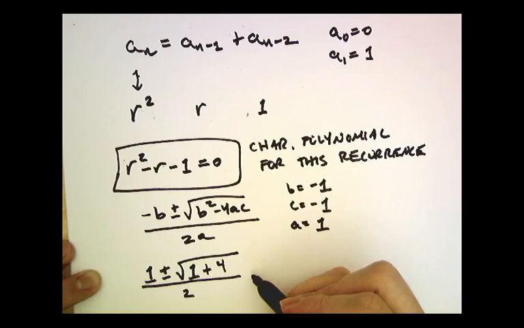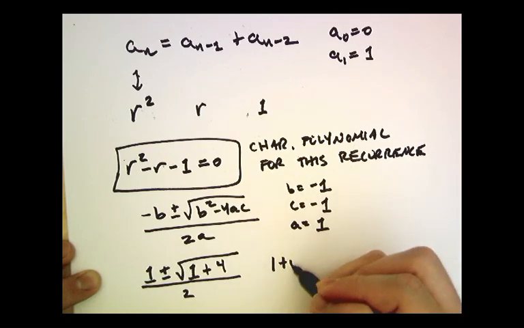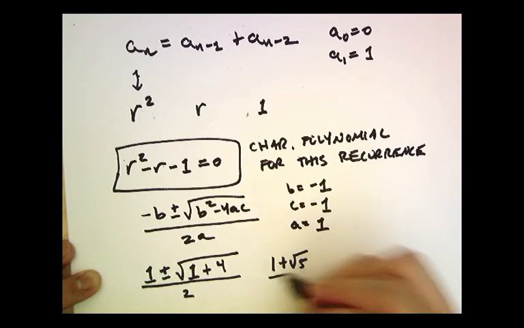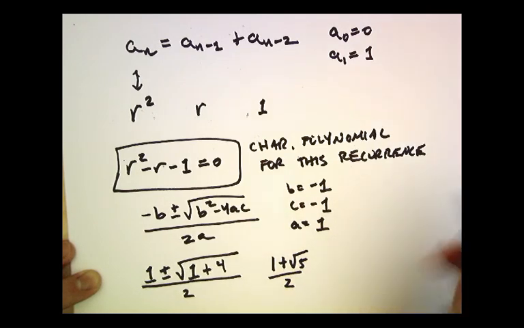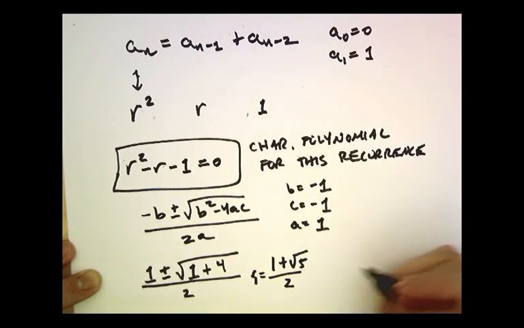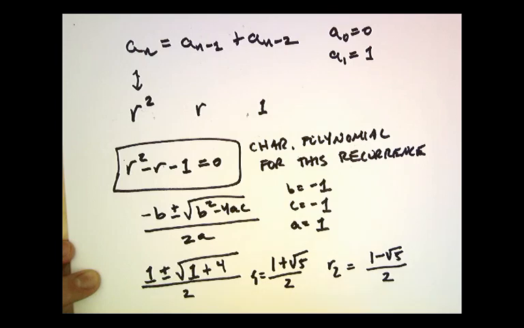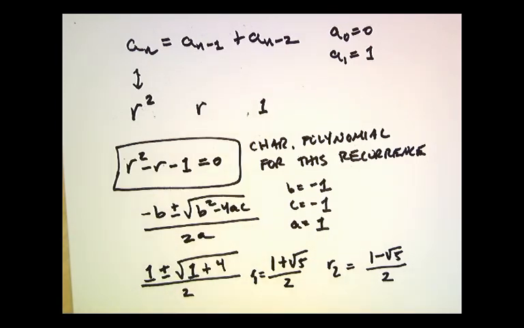So our two roots are going to be: root 1 is 1 plus the square root of 5 over 2, and root 2 will be 1 minus the square root of 5 over 2. So now you're starting to see where that square root of 5 came into play here. It came from the quadratic formula.